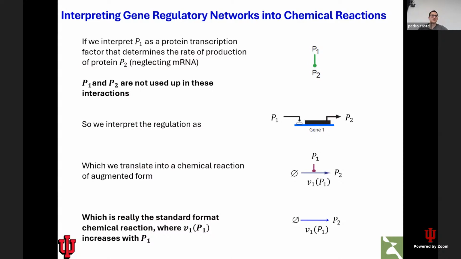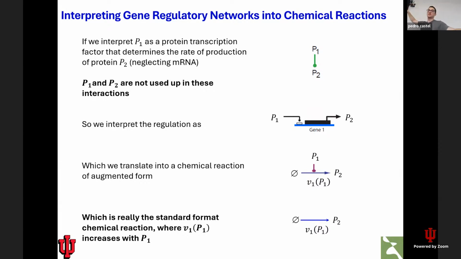And this is our notation. The simplest notation you can see is P1 is promoting P2. A certain protein P1 is promoting the production of another protein P2. But explicitly writing it as a regulatory network, you write it using the gene notation.